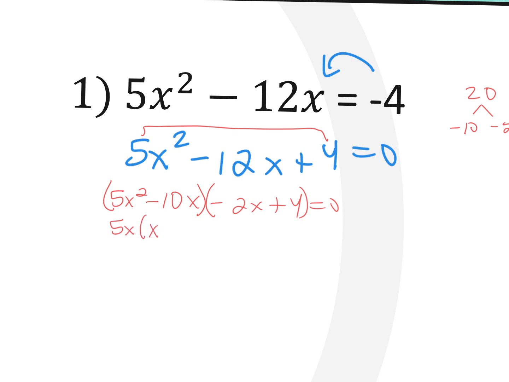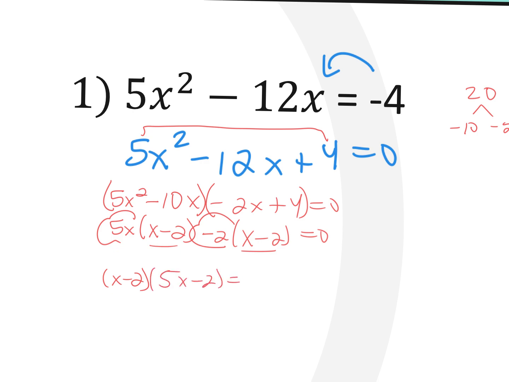And you're left with x minus 2. All right, what can I take out of negative 2x and a positive 4? Negative 2, and we're left with x minus 2. So I have x minus 2 one time out in front, and then my leftovers get their own parentheses. So 5x minus 2 equals 0.